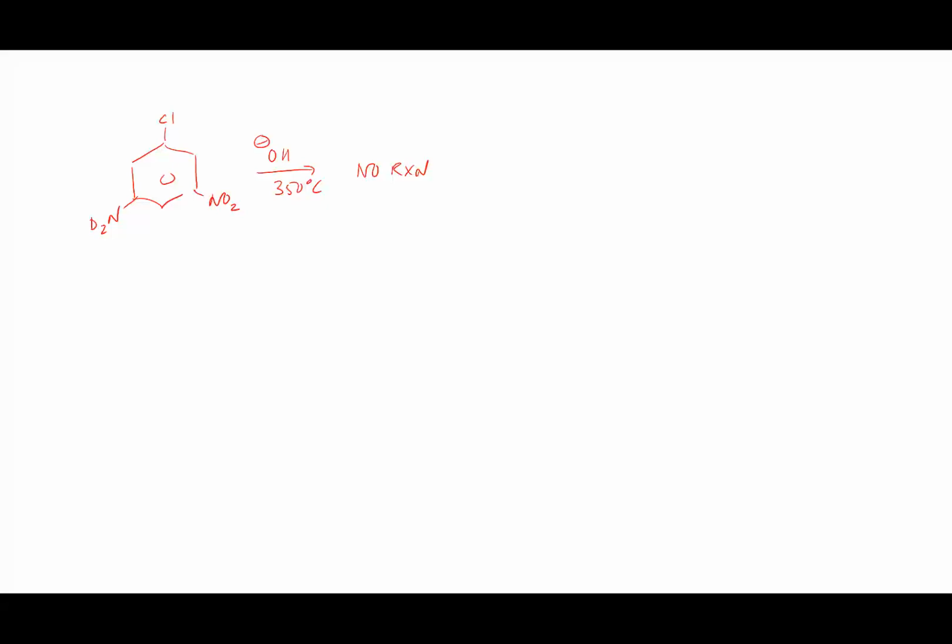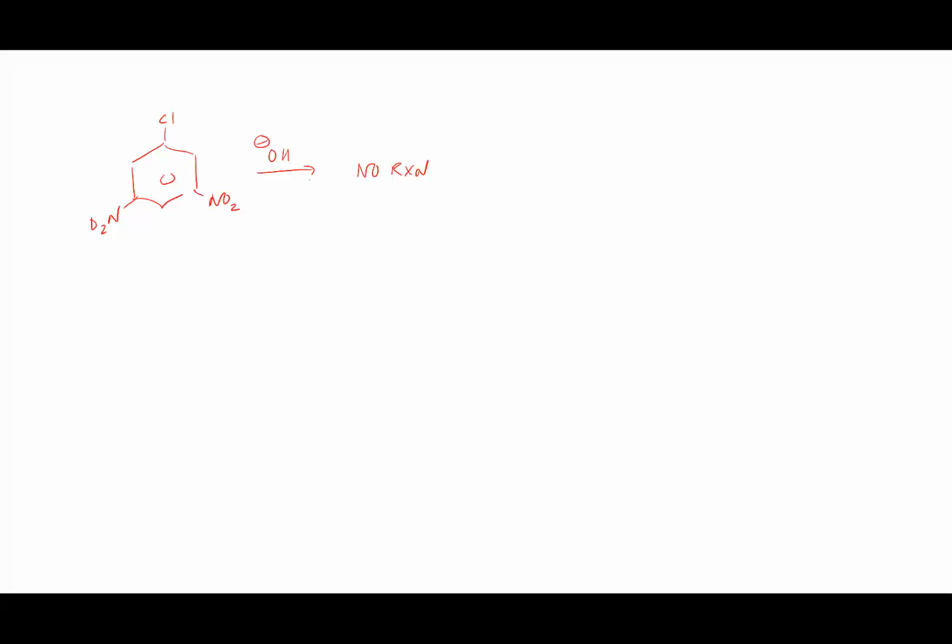Well, let me take this back because actually there's something not there. There's no 350 degrees there. It just says hydroxide, right? So at kind of room temperature conditions, this reaction wouldn't occur because the nitro groups aren't in the correct positions.